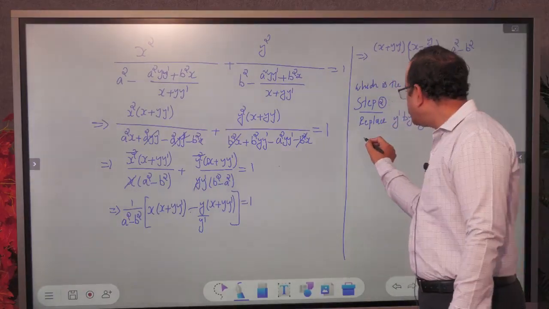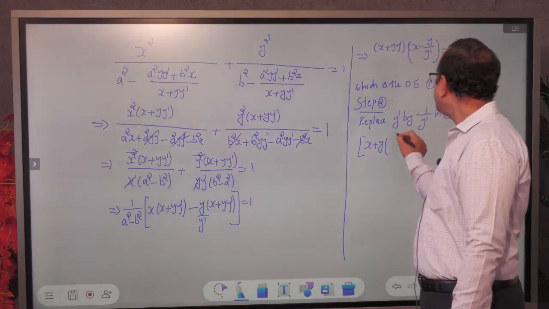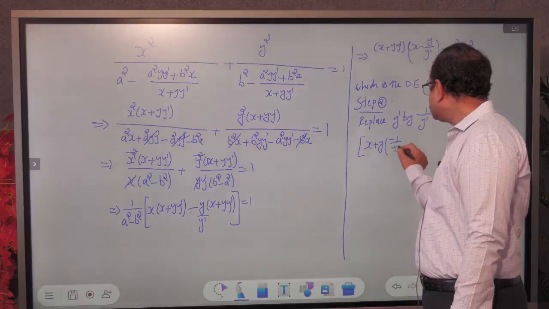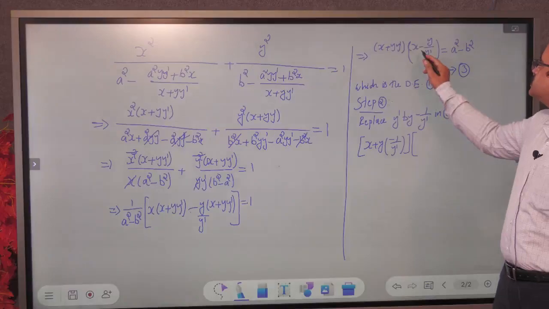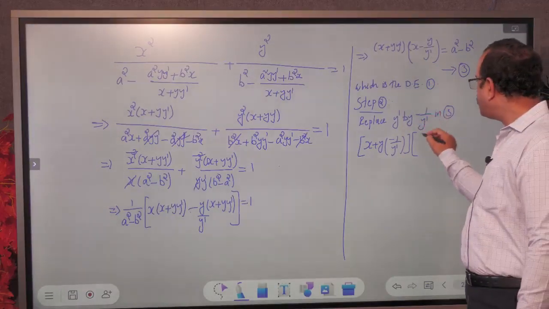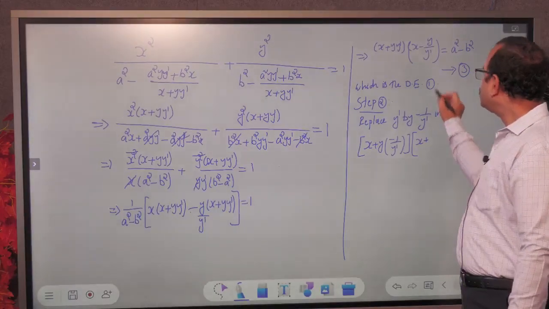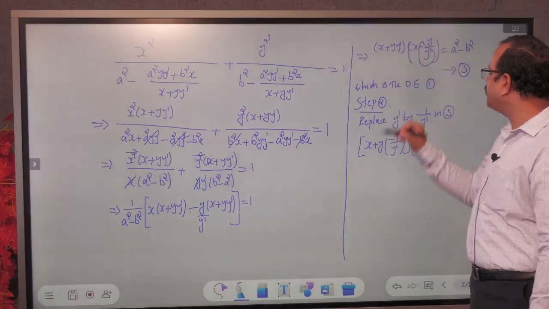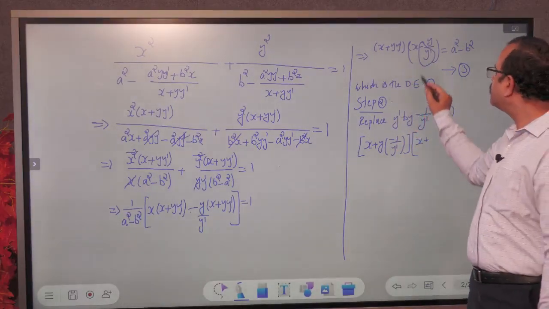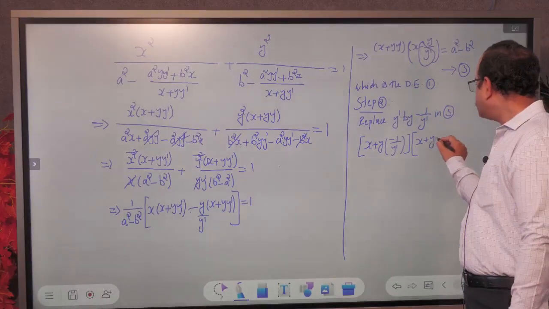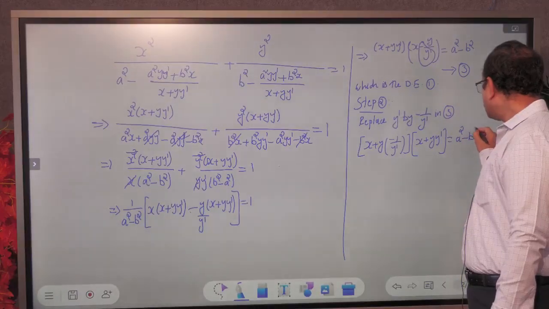So in place of y dash, x plus y into, in place of y dash we have to write minus 1 by y dash. This is the first term, and coming to the second term, x minus 1 by y dash. So once again, minus 1 by y dash can be replaced with y dash. So therefore you can write x plus y dash is equal to a square minus b square.